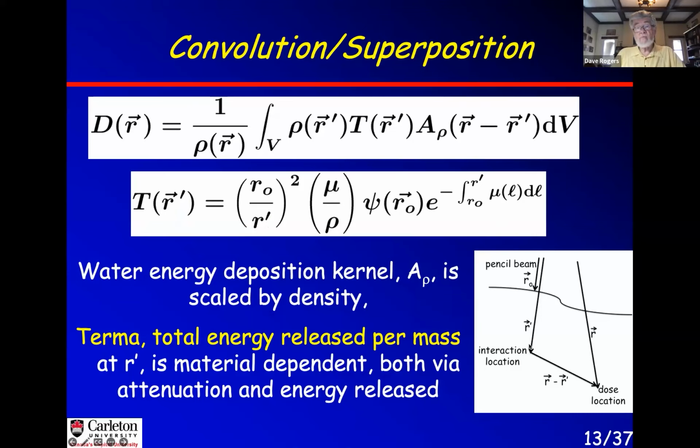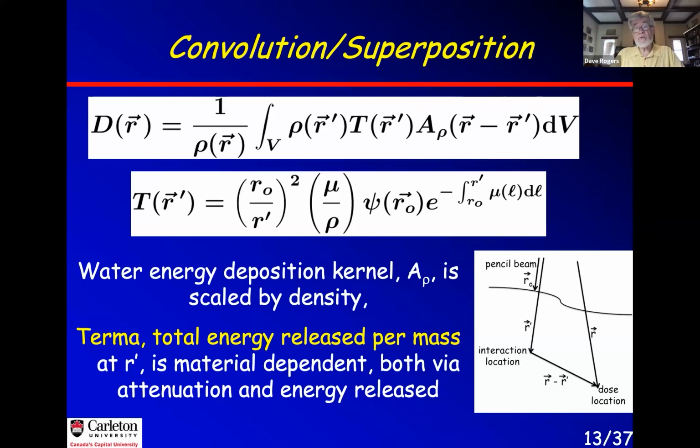And this is what convolution superposition is nominally doing, and it's also taking into account the realistic attenuation along the path length in the medium. And then you've got what you call an energy deposition kernel, which says if I've got this interaction occurring at a point, how much dose is being delivered at a distance R minus R prime away.